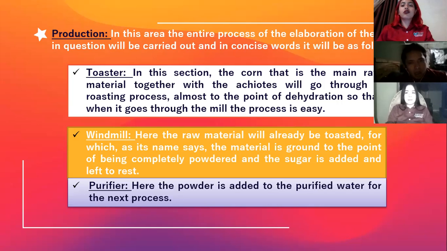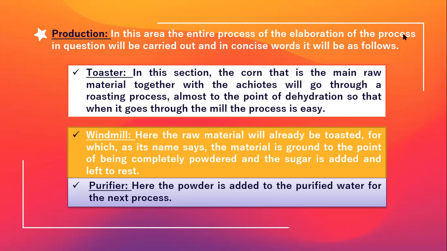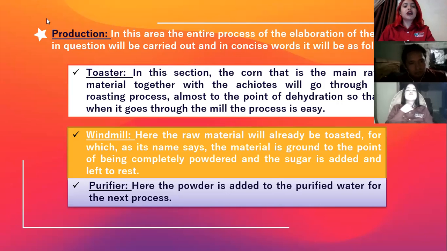In this section, the corn is the main raw material, so together with the achiote, it will go through a roasting process almost to the point of dehydration. Then the raw material, already toasted, goes to the mill, where, as its name says, the material is ground to the point of being completely powdered, and the sugar is added.